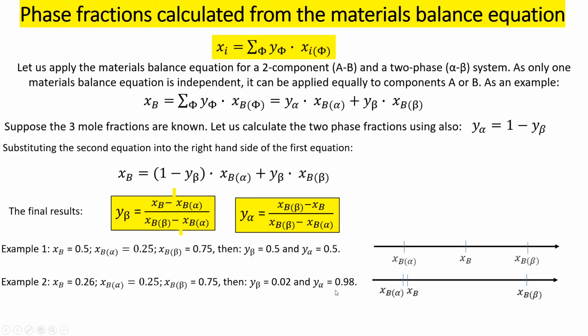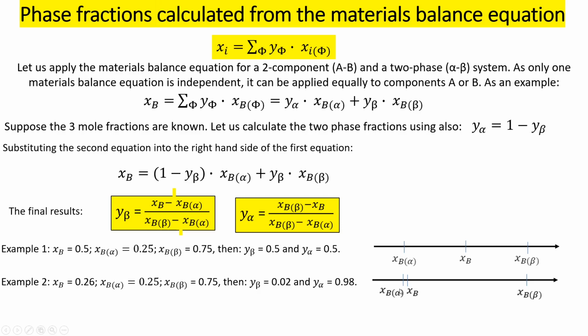Substituting, we find that in this case y alpha is 0.98, and of course that is why y beta is only 0.02, meaning that this system is made mostly of phase alpha, 98%, and we have just little amount of phase beta. So we can make a conclusion that if I put the average composition close to the one of the phases, then this phase will be the majority phase.